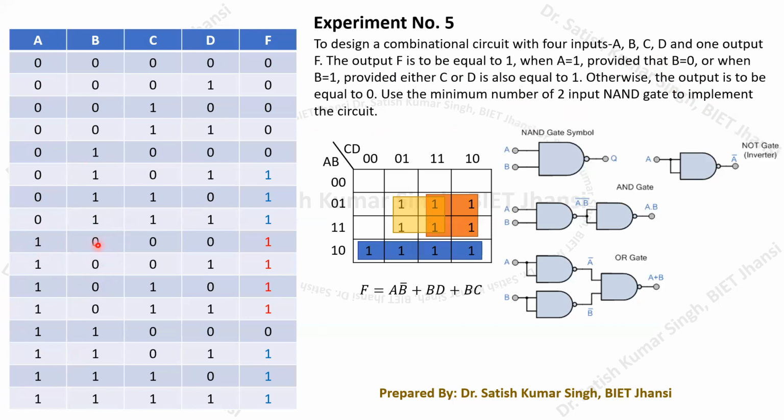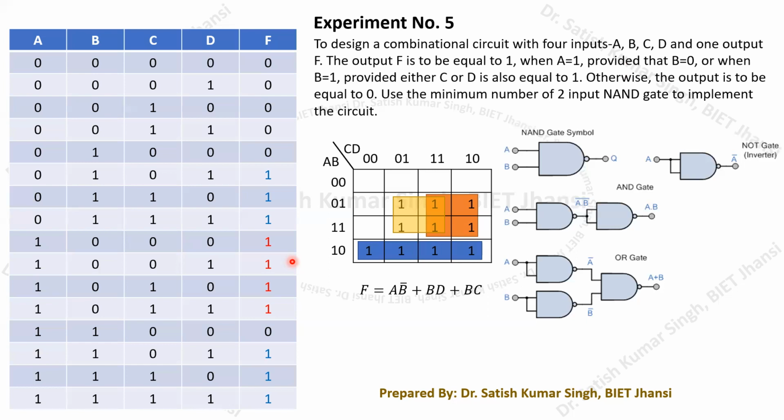So both conditions are fulfilled here, A equals 1 and B equals 0, irrespective of the values of C and D. Based on the first given condition, I have marked the output F equals 1, 1, 1 and 1. This red color I have used to denote the first given condition. So this will be our output corresponding to our first condition.